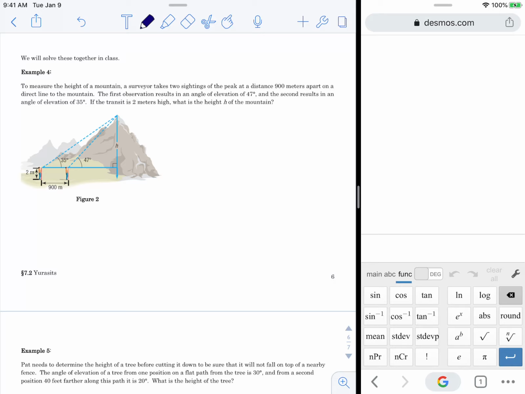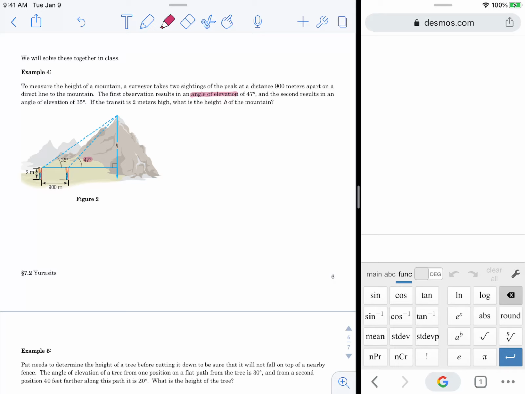So this one says, to measure the height of a mountain, a surveyor takes two sightings of the peak at a distance 900 meters apart on a direct line to the mountain. The first observation results in, and here's this term that we learned, an angle of elevation of 47 degrees. So there's that angle of elevation.